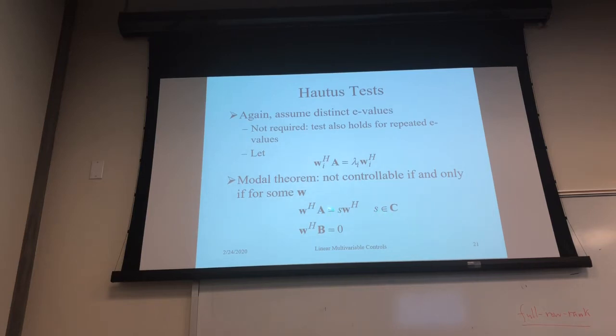So if you find that there exists at least one s that makes this 0, then the whole thing will not be controllable. That's kind of interesting.